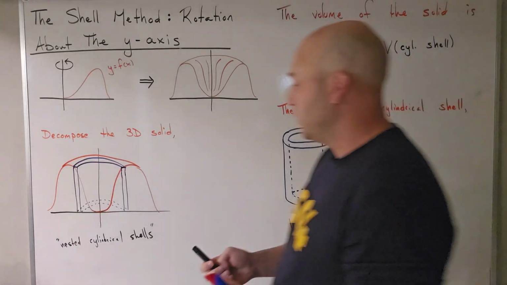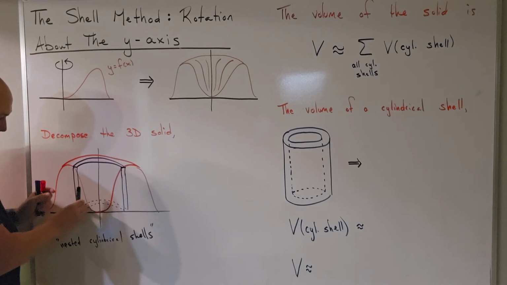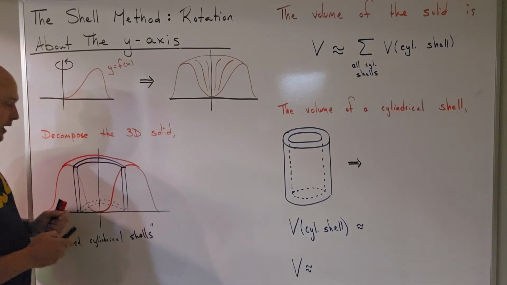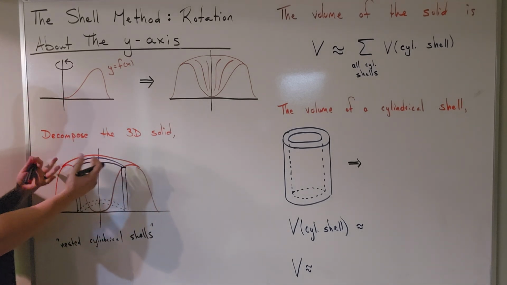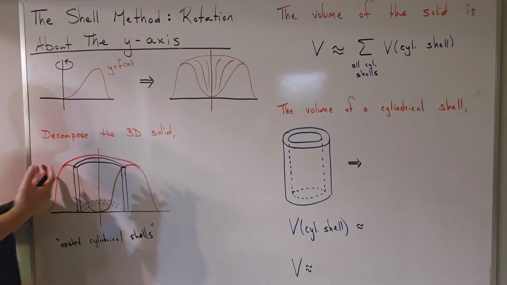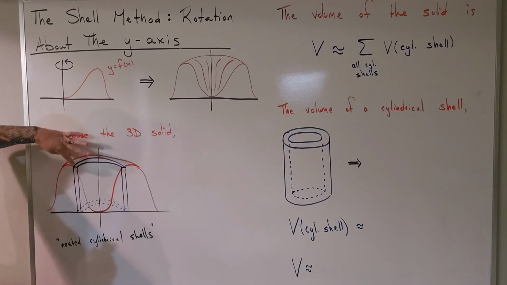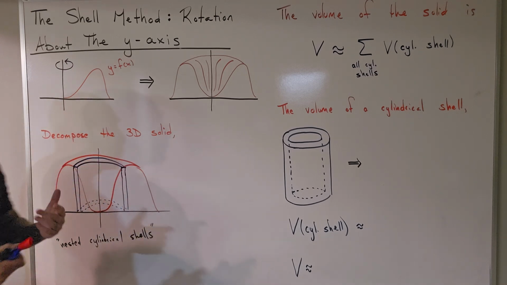Therefore, if I computed the volume of that basic geometric shape, and then took the sum of all of those volumes, of all of those shells, that's going to give me approximately the volume of this entire three-dimensional solid that we created through a revolution. Of course, it's not exact, because the shell may sit a little bit above or a little bit below, but it's going to be a very good approximation.